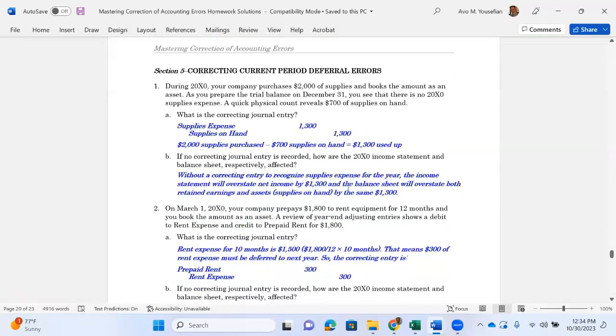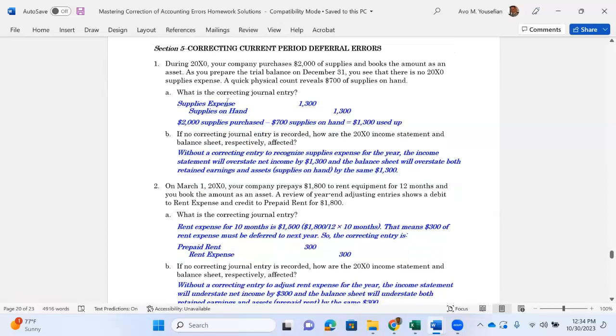Section 5 is the last section for this mastering correction of accounting errors, the red book. For 2020, your company purchased $2,000 of supplies and booked the amount as an asset, which is normal. Normally, when you buy supplies, you record it as debit supplies, credit accounts payable.